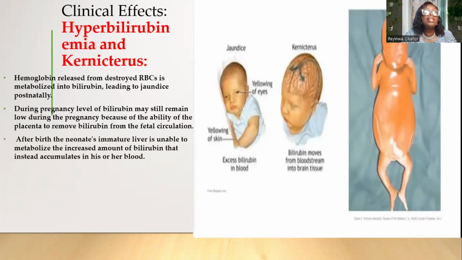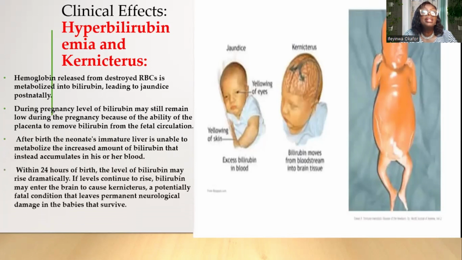Now, during pregnancy, the level of bilirubin may still remain low because of the ability of the placenta to remove bilirubin from the fetal circulation. But after birth, the neonatal immature liver is unable to metabolize the increased amount of bilirubin that is being formed as a result of increased destruction of red blood cells.